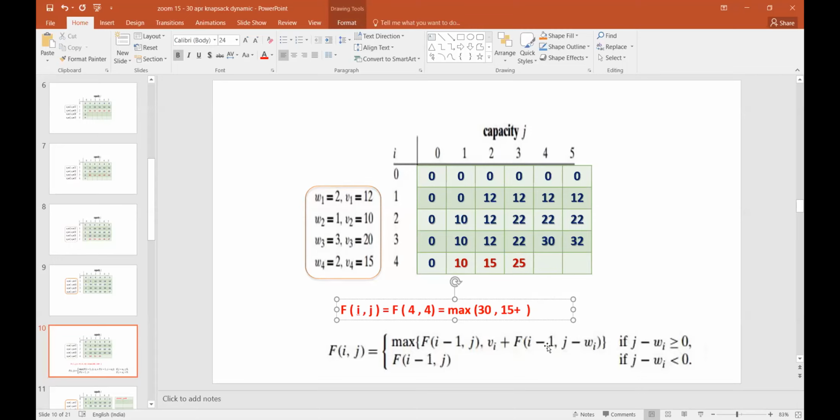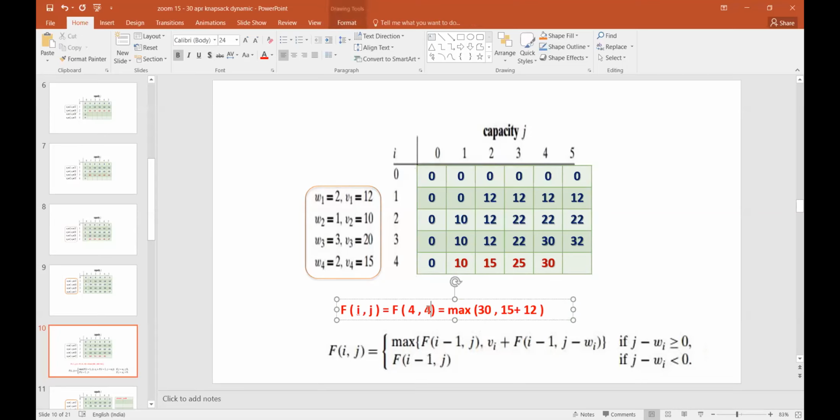Correct? 4 minus 1, this is 3. Capacity is 4 minus 2, that is 2. So 3 comma 2. What is 3 comma 2? It is 12. So 30 is greater or 15 plus 12 is greater? 15 plus 12 is 27. So of course 30 is greater. I will take 30 here as it is.